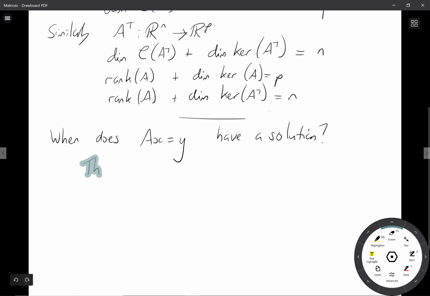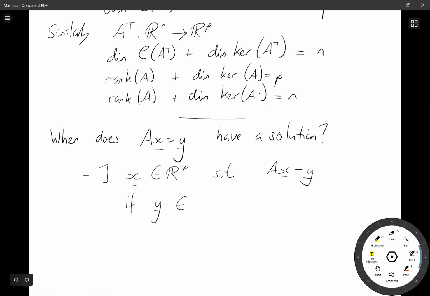Well, it has a solution precisely when y is in the column space of A. So there exists x in Rp such that Ax equals y if y is in the column space of A.